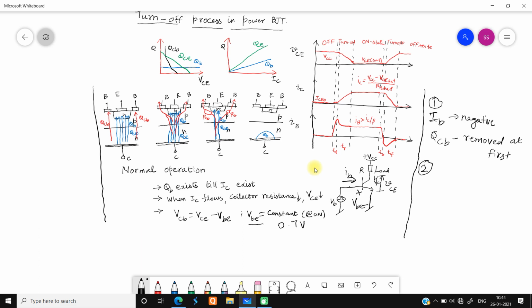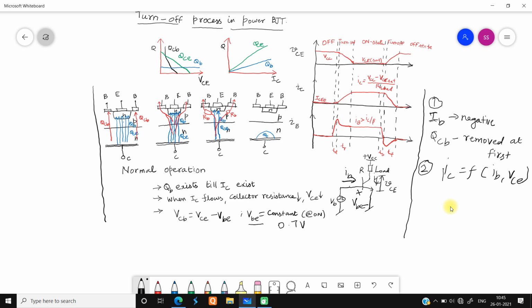So IC still flows. Since IC is decreased compared to the first step, we know that IC is going to be a function of IB and VCE.